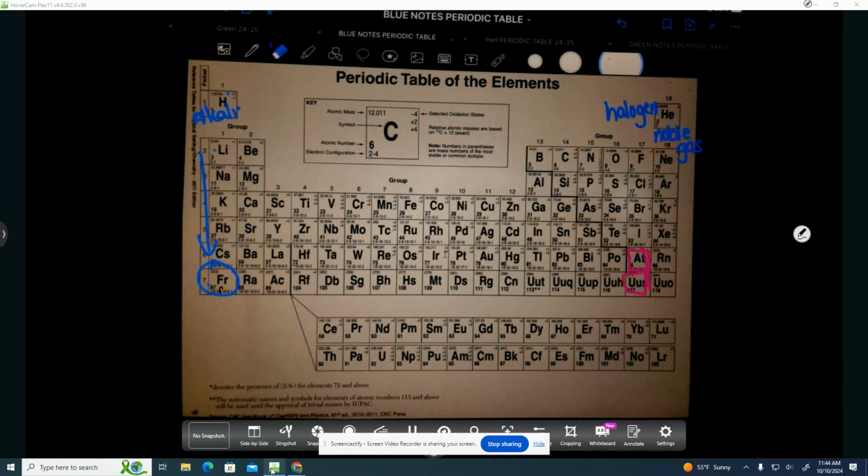The positive nucleus, my head, if it has a positive effect, to hold on to an electron, does the electron want to be close or far away in order to gain it? Close. We want that positive to have a lot of effect on the electron shells. So if I have my head, which is my nucleus, and I want to add an electron to that shell, the positives that are here have to go through all of these layers to have any effect out there.